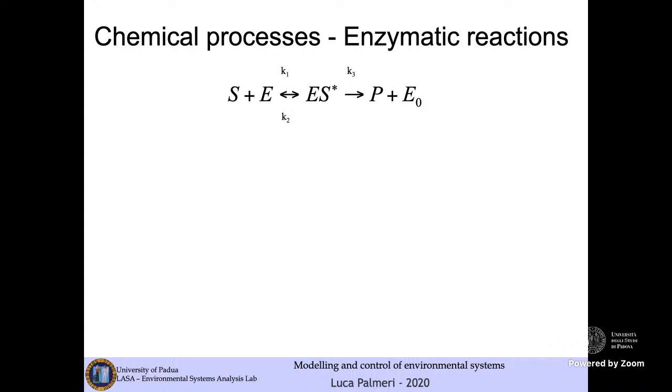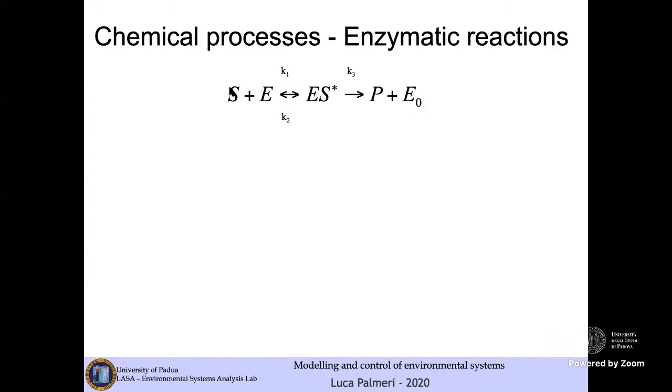Enzymatic reactions are reactions that not only depend on the presence of a substrate, but also depend on the presence of another molecule that is called the enzyme. An enzyme is a molecule that somehow fosters or induces the chemical reaction.